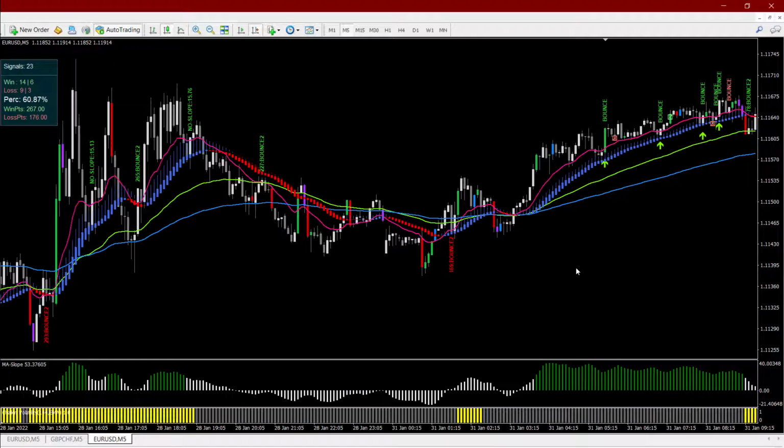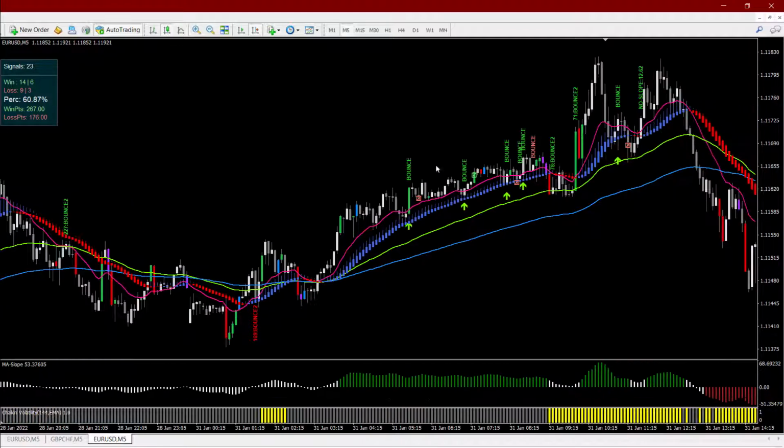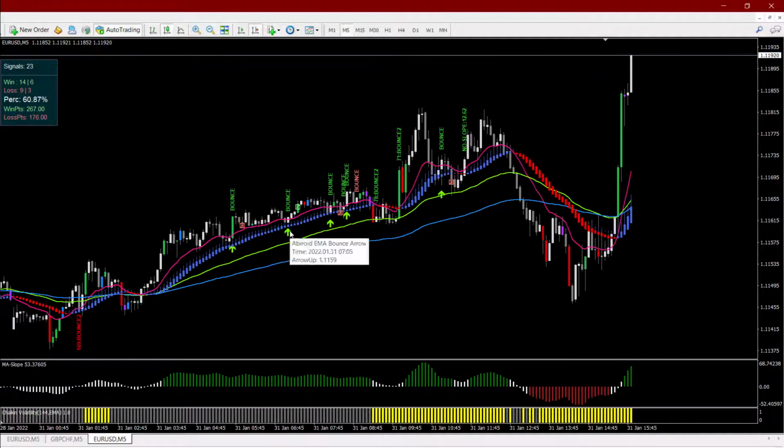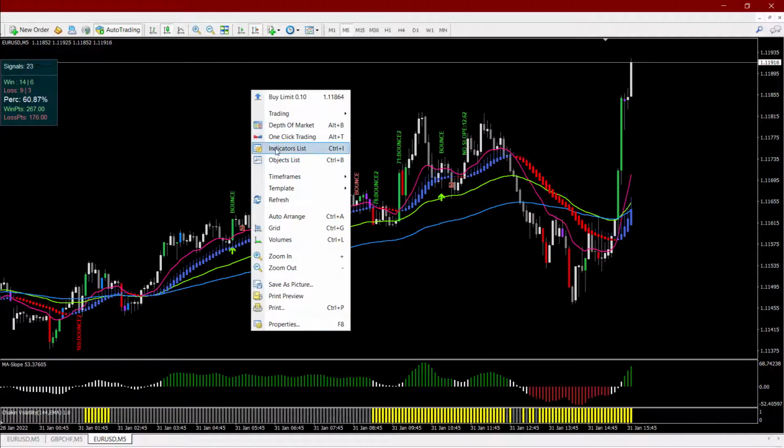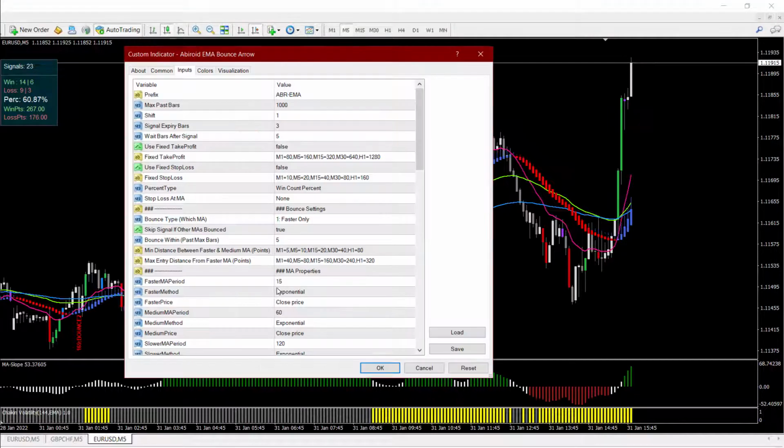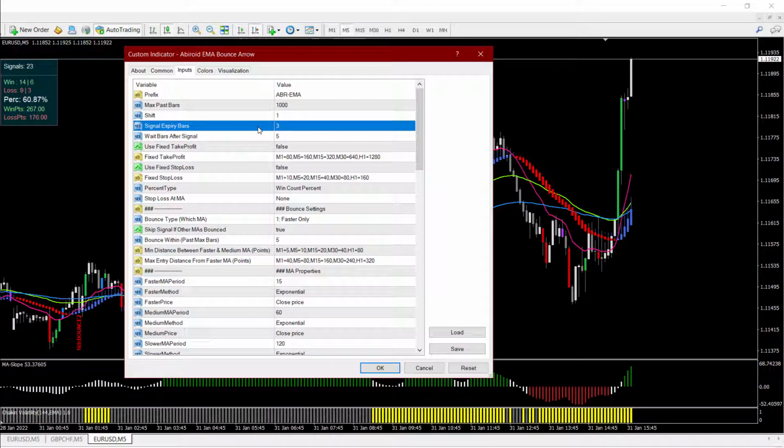Okay, so in that case, we will only see signal expiry bars. We have set that to 3 and it will just check, when we get a signal, after 3 bars whether the price goes up or whether it goes down. And you will get the binary options win rate percent. And you can always set that to M1 and you can have 3 bars or 2 bars and you can get the win rate.